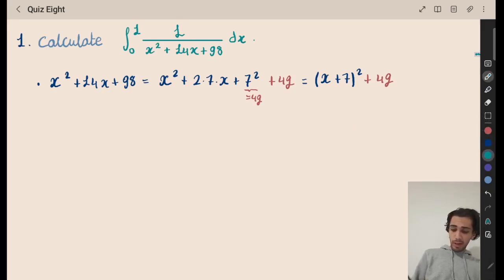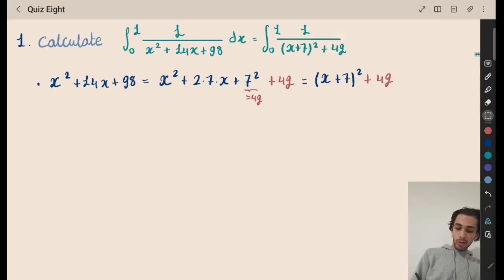So maybe I can write this as the integral from 0 to 1 of 1 over x plus 7 squared plus 49. So another 49. Now let's not forget the dx, otherwise the integral doesn't have any meaning.